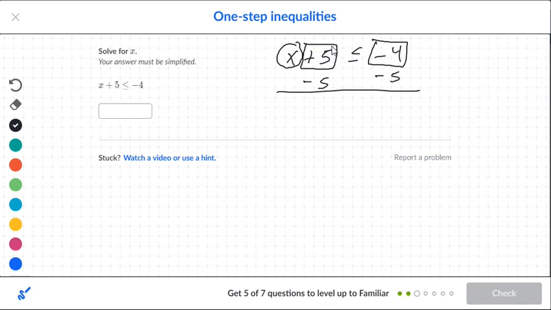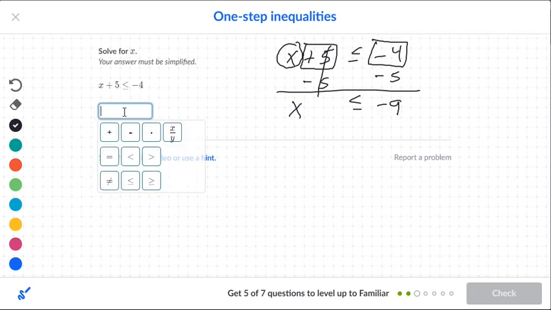Each box gets a negative 5. So we put down our x, the inequality sign, and this is a negative 9. Notice again that the x is positive, so there's no change in the sign's direction. However, if the x was negative, then of course our sign would change. So we put down x, the inequality sign, negative 9.